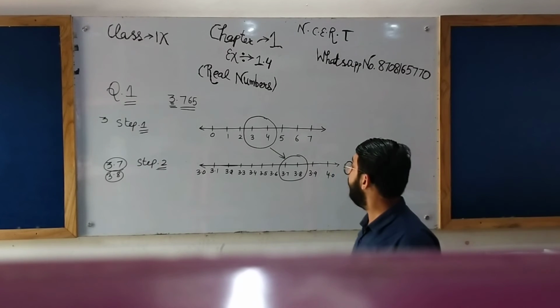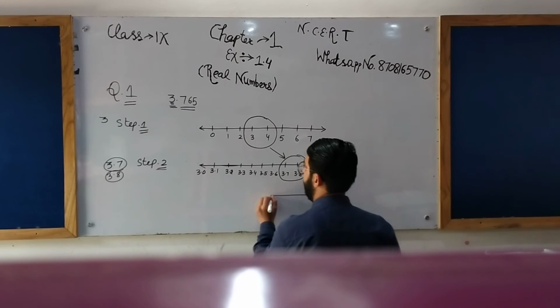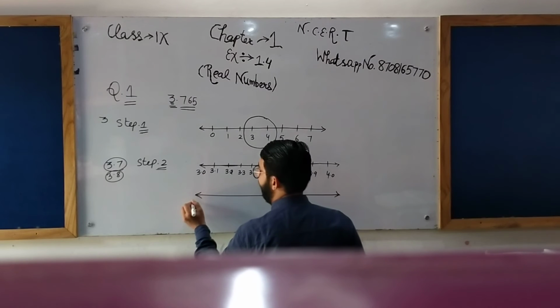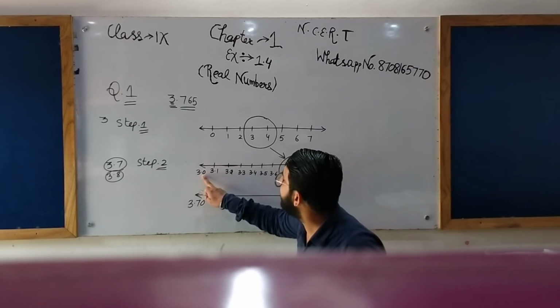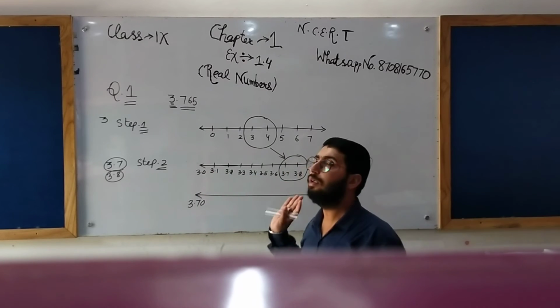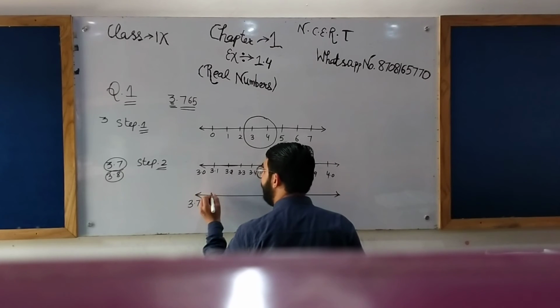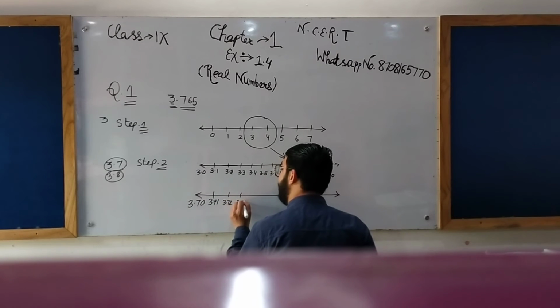Now I am proceeding towards step 3. Here I will write 3.70. I just have to write the counting from 0 to 10. Next 3.71, 3.72, 3.73.